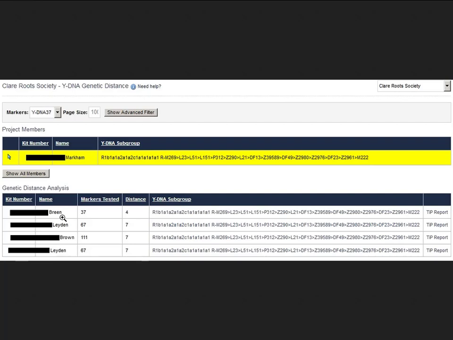His top match is a Breen, who's genetic distance 4 away, who hasn't done any STR testing, but he's in the Clare Roots project, and he has close matches from the Niall of the 9 Hostages branch. And so are the next 3 matches within the Clare Roots project. They're genetic distance 7 away from Mr. Markham, but they're all Niall of the 9 Hostages DNA, so I'm pretty sure the Markhams are also a Niall of the 9 Hostages dynasty surname.